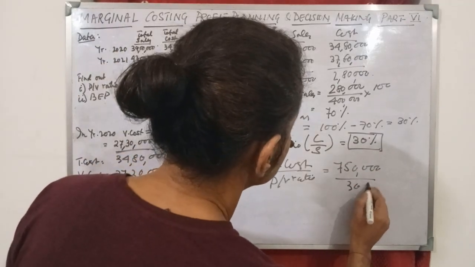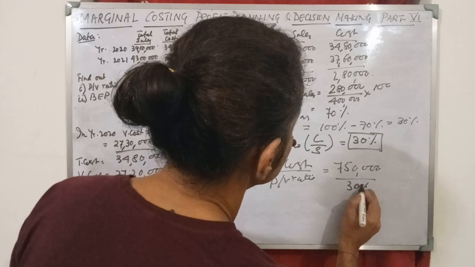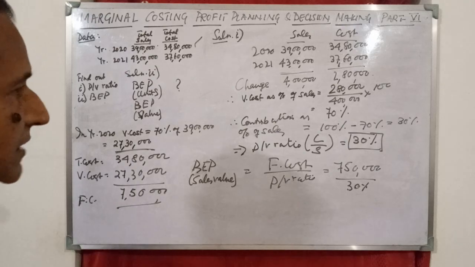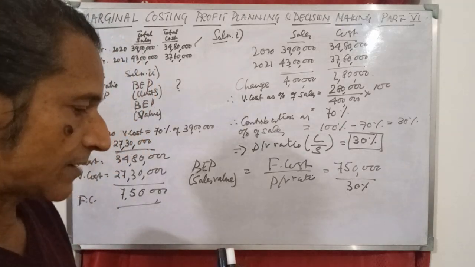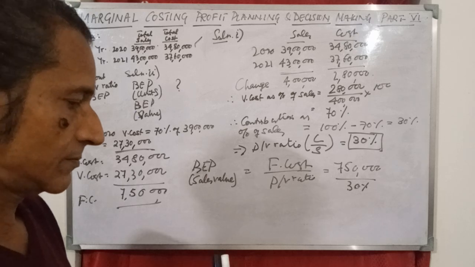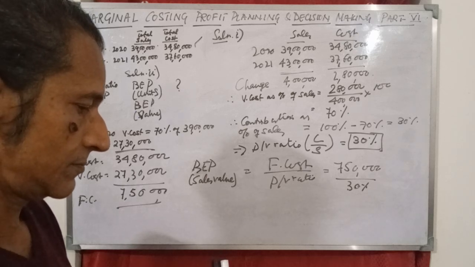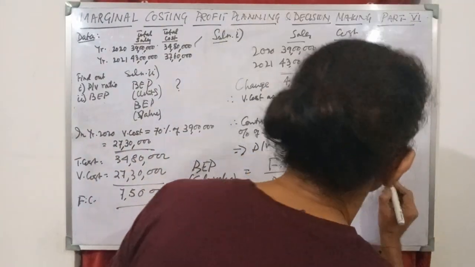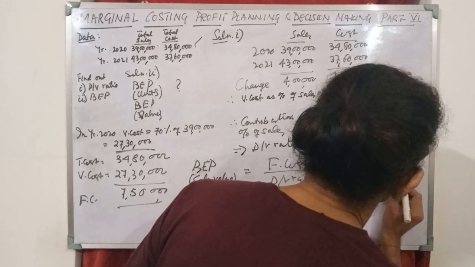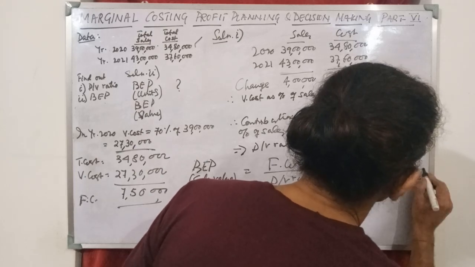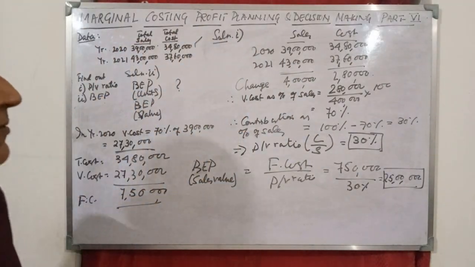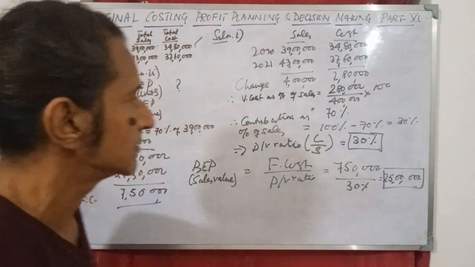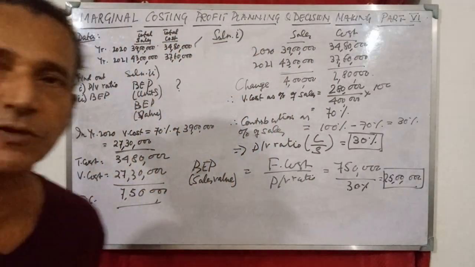So divided by 30%. 750,000 divided by 30% is the break-even point in sales value. Let's see what it comes to. 25 lakh. So the break-even point is 25 lakh. So solution of part 2 is also complete.